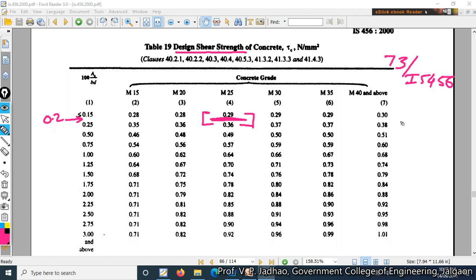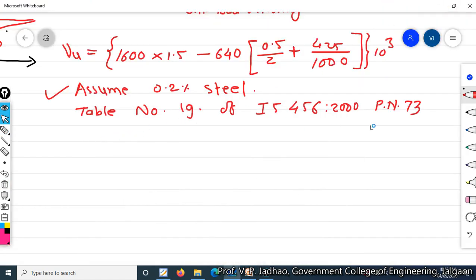that is tau c, the design shear strength. Let us consider this as 0.32. Why 0.32? We have considered a value between 0.29 and 0.36, so this value comes out to be approximately 0.32. So the value of tau c will be equal to 0.32 Newton per mm square.